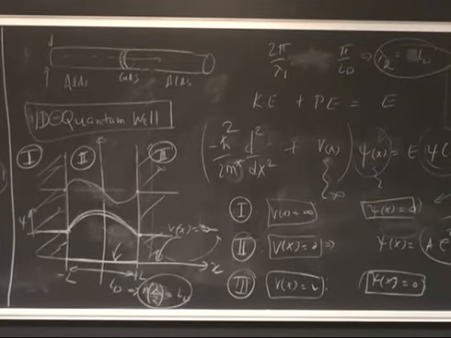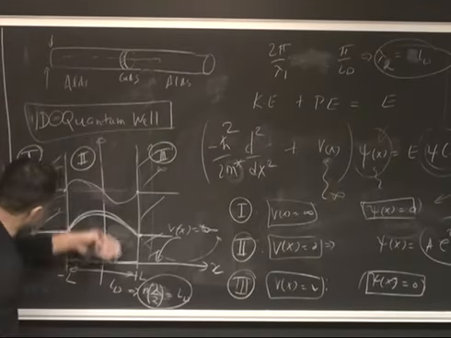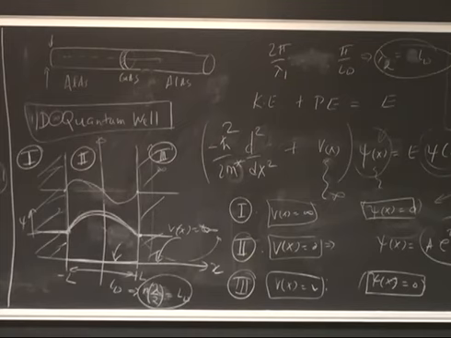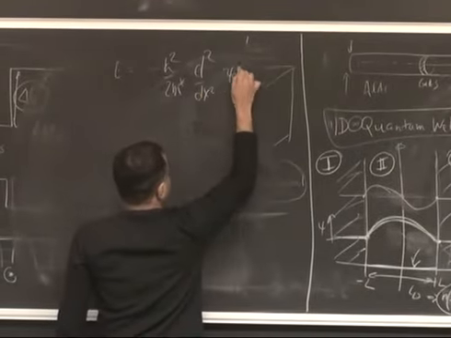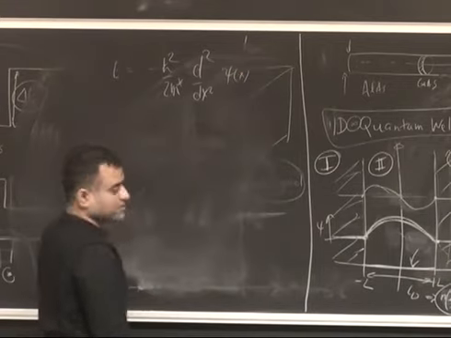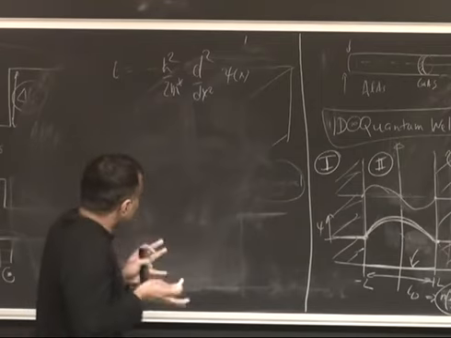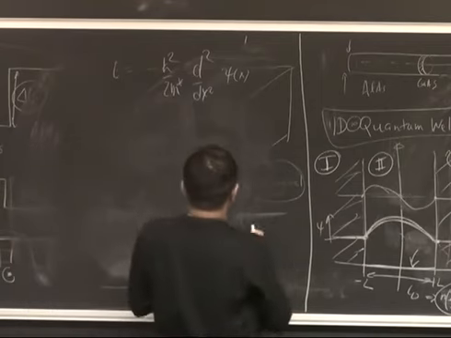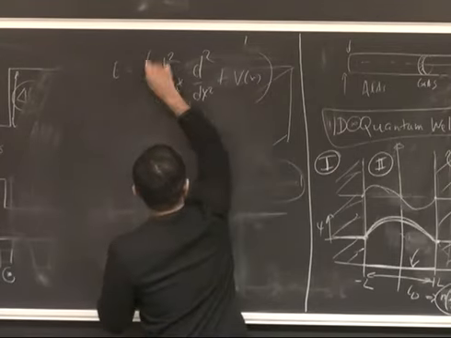So now the nice thing about the particle in a box problem, especially in the region where the potential is 0, is that the energy is h squared by 2 effective mass times d2 by dx squared times the wave function, plus V of x times psi of x.